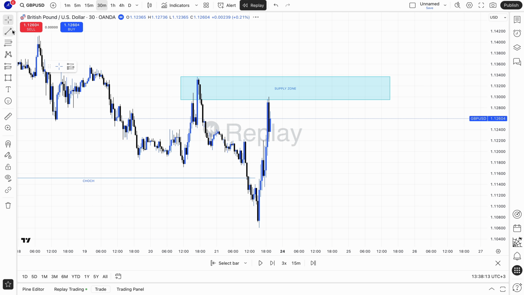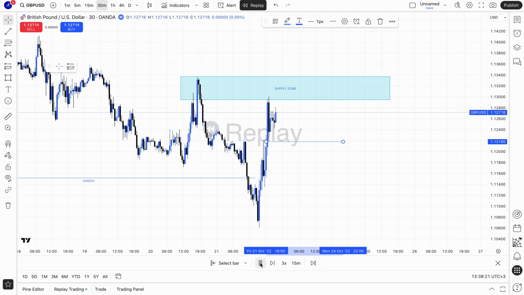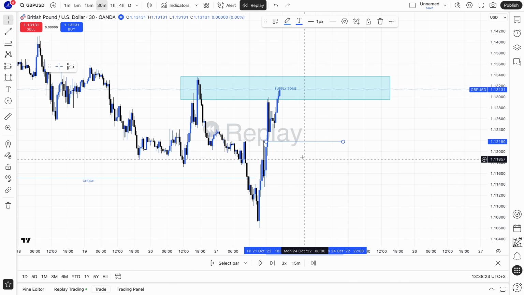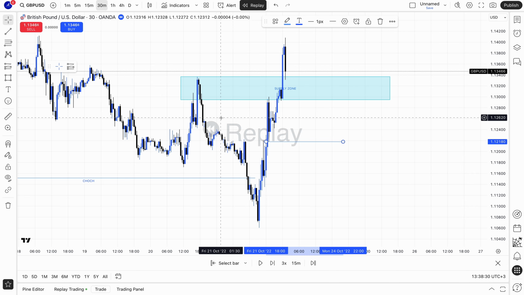Let's see if we get our entry. You see the price come and break this with the body candle close before you take a sell. Then what time is it? It's already late.